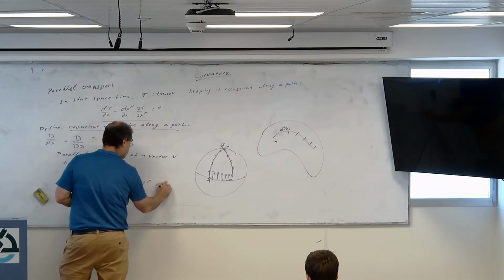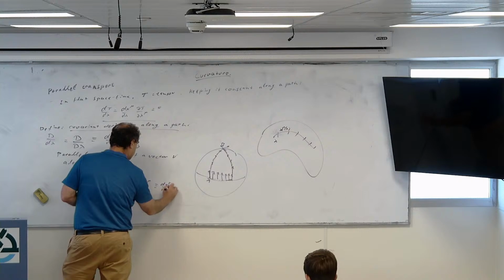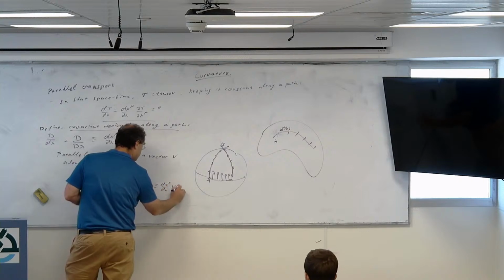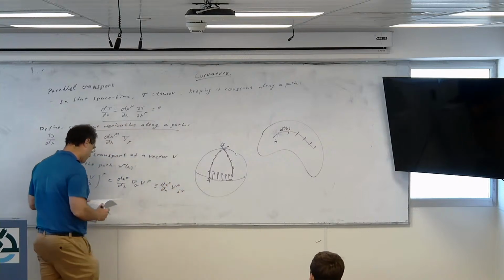Or if you want, dx^sigma over d lambda V^mu semicolon sigma.